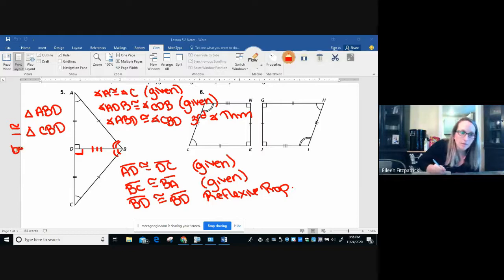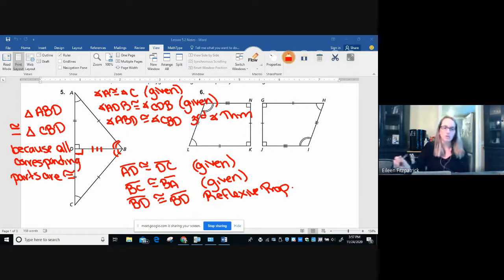And I'll just say because all corresponding parts are congruent. Because all the corresponding parts are congruent, that makes the triangles congruent.